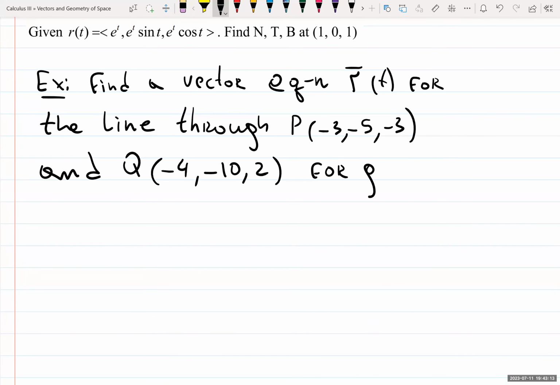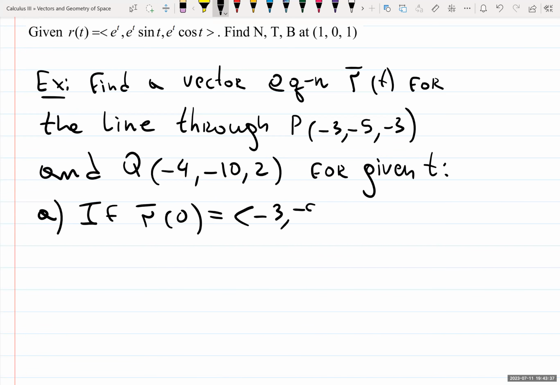For given t. So A. If R at 0, that's a vector, gives you (-3, -5, -3), and R at 7 gives you a vector (-4, -10, 2).